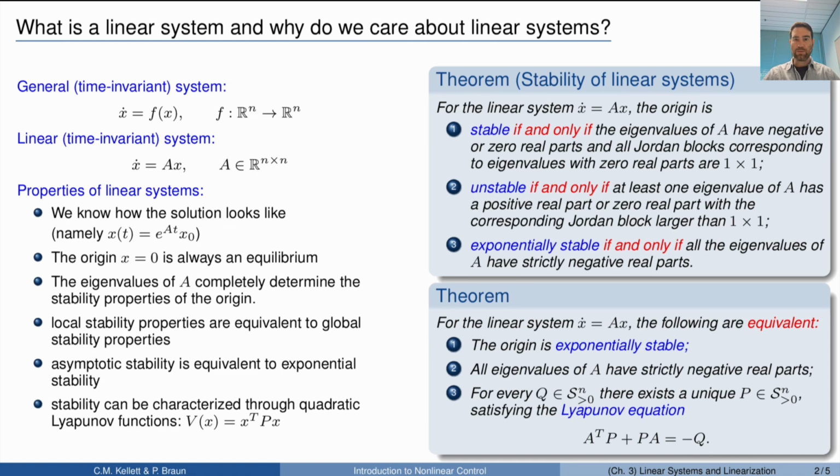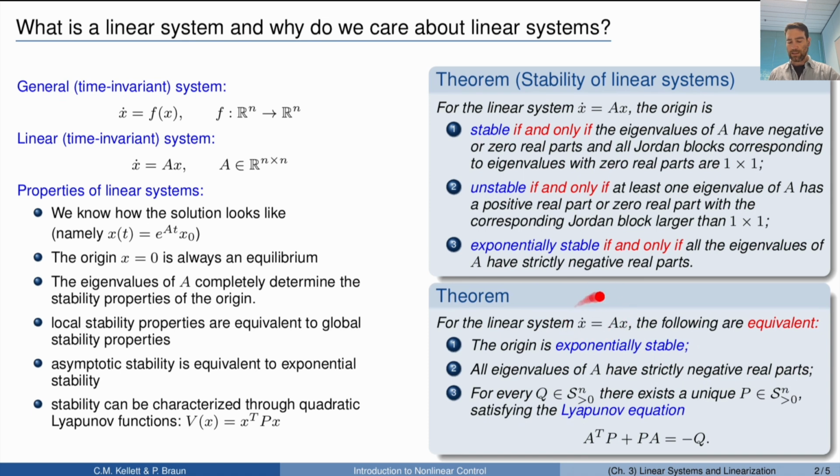For linear systems, we can also define Lyapunov functions, and there are specific Lyapunov functions, namely quadratic Lyapunov functions of this form, which exist if and only if the system is asymptotically or exponentially stable. So existence means there exists a positive definite matrix P in this context. And we can also state a corresponding theorem here.